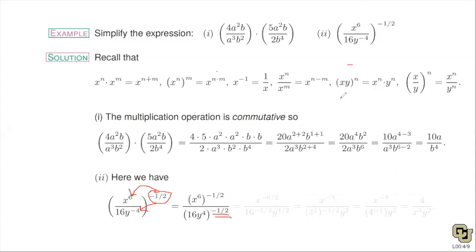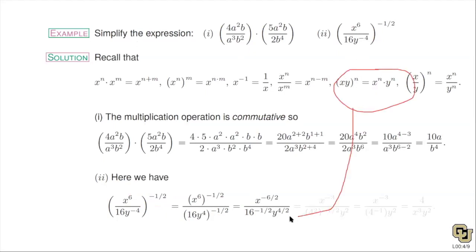So now I want to use this rule for the denominator, where I'm going to take that minus 1/2 and put it on each term there in the product of the denominator. So you see now here, I've used this rule right here in the denominator. So I have the minus 1/2, I put it on the 16, the minus 1/2, I put it on the 4.